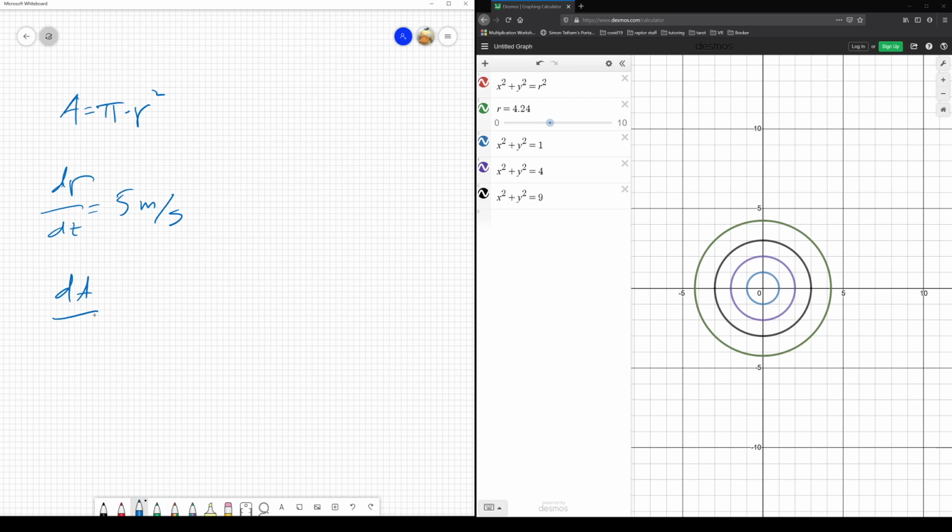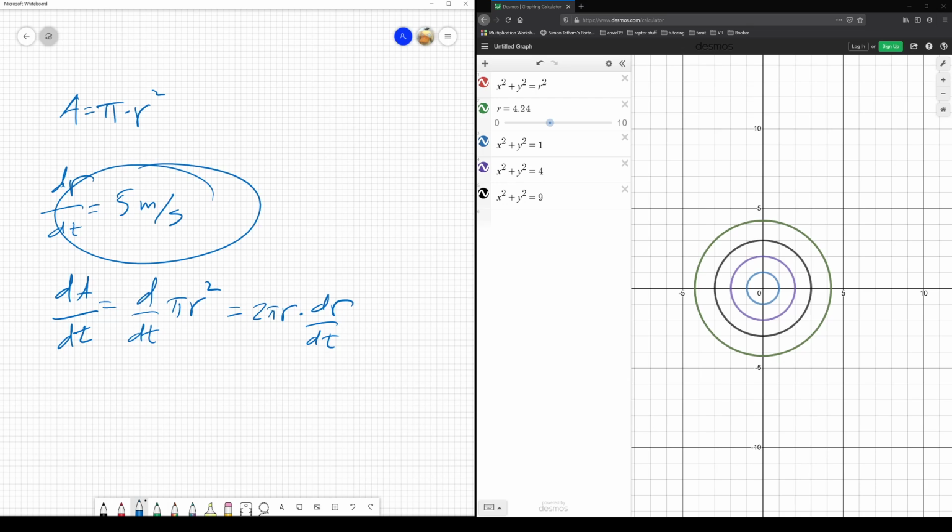So the derivative of A with respect to t is the derivative with respect to t of pi r squared. But I can do this with the chain rule. I'm taking the derivative of r with respect to t. So I'm going to get 2 pi r times dr/dt.